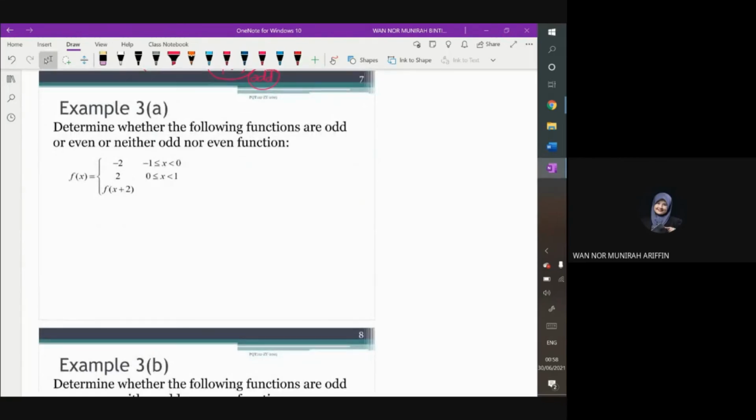In this video I will show you up to odd and even function, or neither, until how we sketch the graph. In the next video we will discuss how the formula looks like, and how to compute the function. Okay, so we continue.